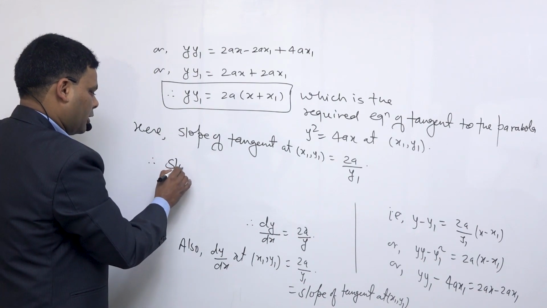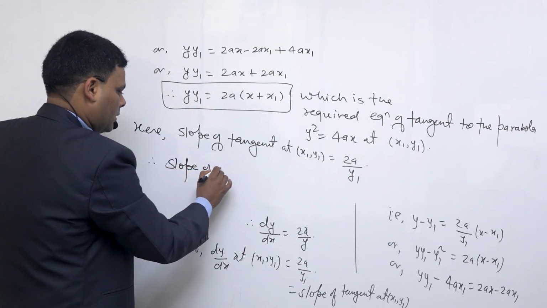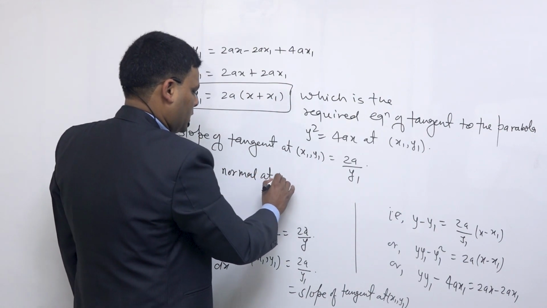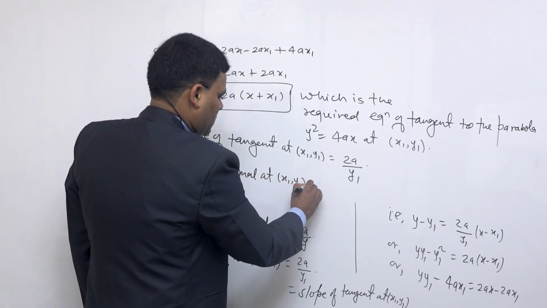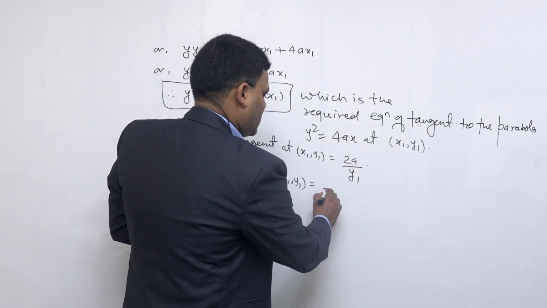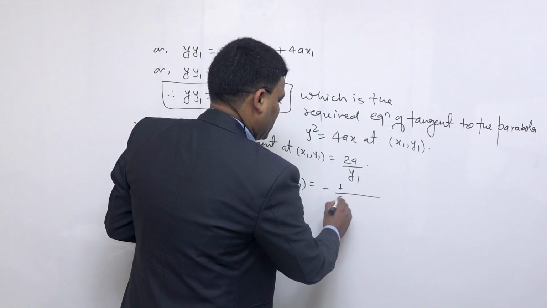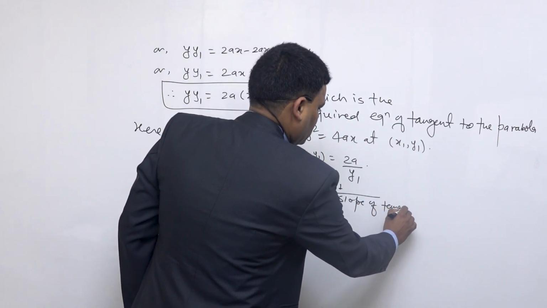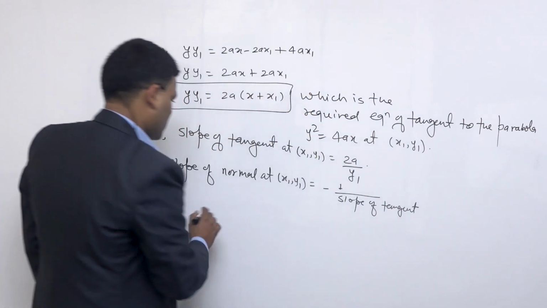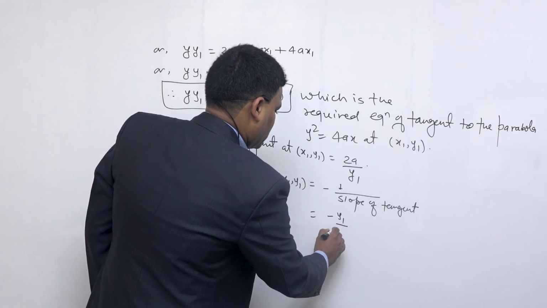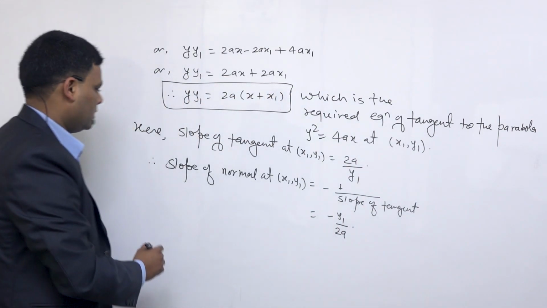Therefore the slope of normal at x1 y1 equals to minus 1 upon slope of tangent, equals to minus y1 by 2a.